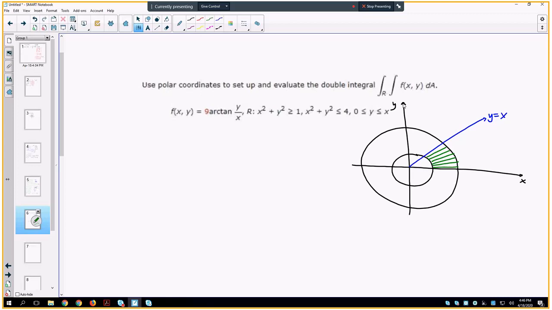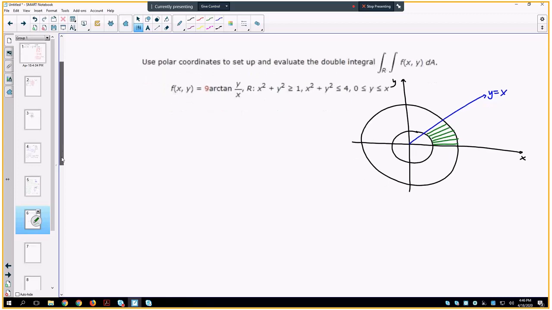We also need to know how to translate the function 9 times arctangent of y over x in terms of polar coordinates. So let's remember our substitutions. X equals r cosine theta. Y equals r sine theta.